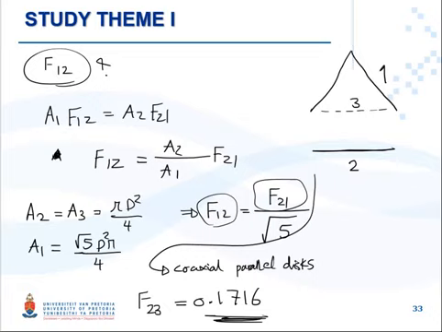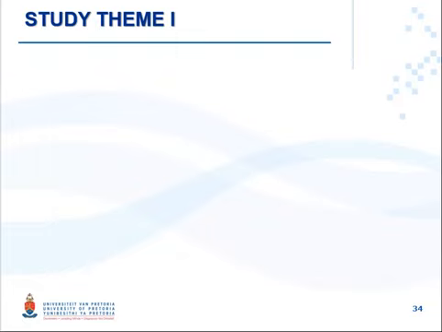Now we have the view factor between surfaces 2 and 3, but here we need the view factor between surface 2 and surface 1. How are we going to sort it out? Let me write it down.